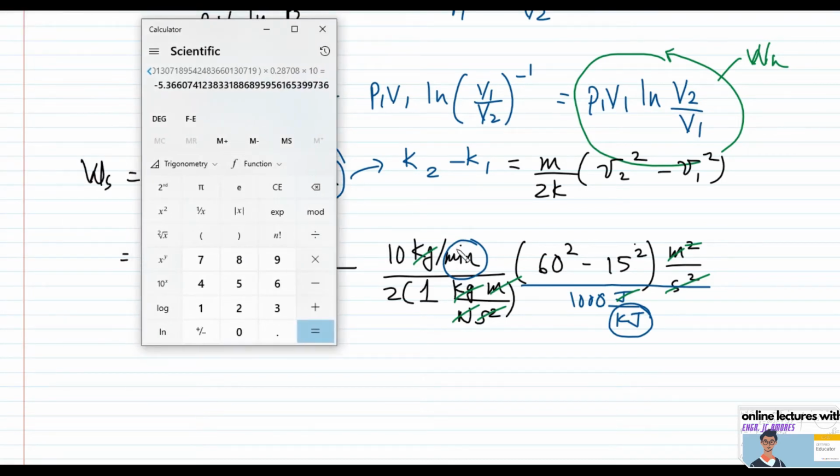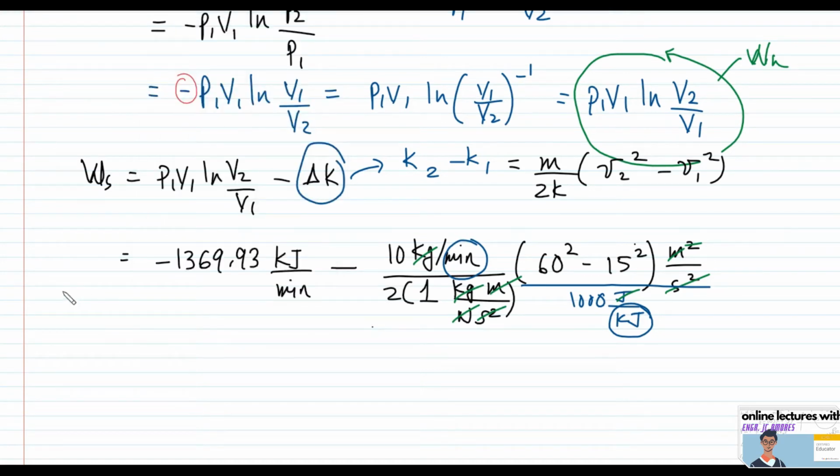So this one, let's solve for that first. We have 10 divided by 2000, and then times the difference of 60 squared minus 15 squared, which equals 16.88.